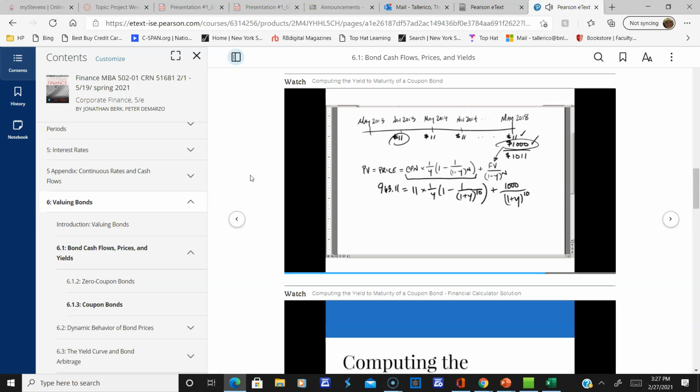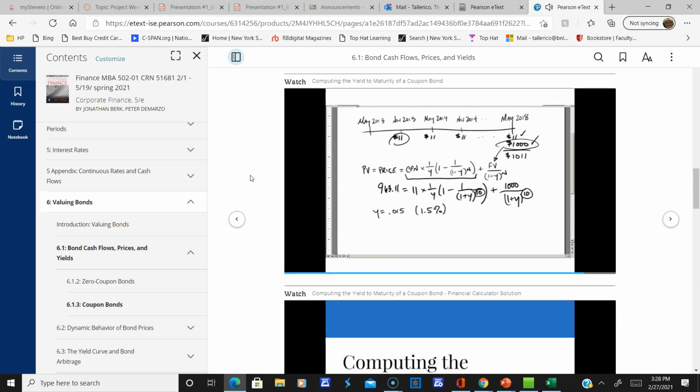If we actually went through and used Excel or used a financial calculator, we'd find that Y turns out to be 0.015 or 1.5%. Now that's 1.5% per 6-month period, because everything in the formula here is done in terms of 6-month periods. The rate that's going to come out is also a 6-month rate.